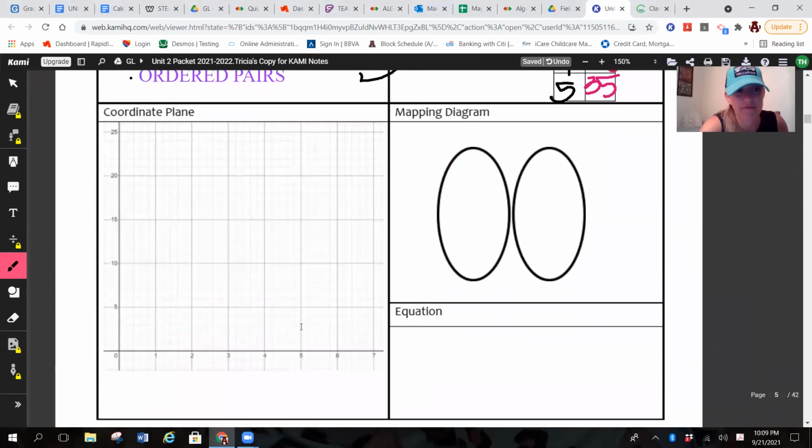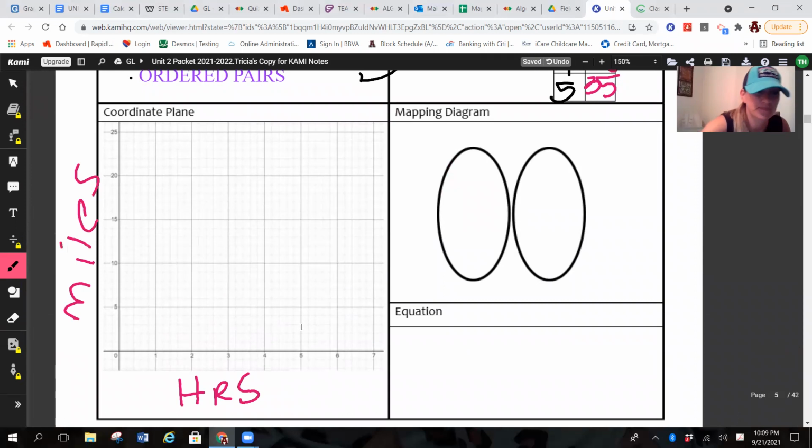Now we can graph. We've got hours. We've got miles. Okay, so 1 hour is 7 miles. 2 is 14, 3 is 21, 4 is 28, and there's not enough graph to graph 5.